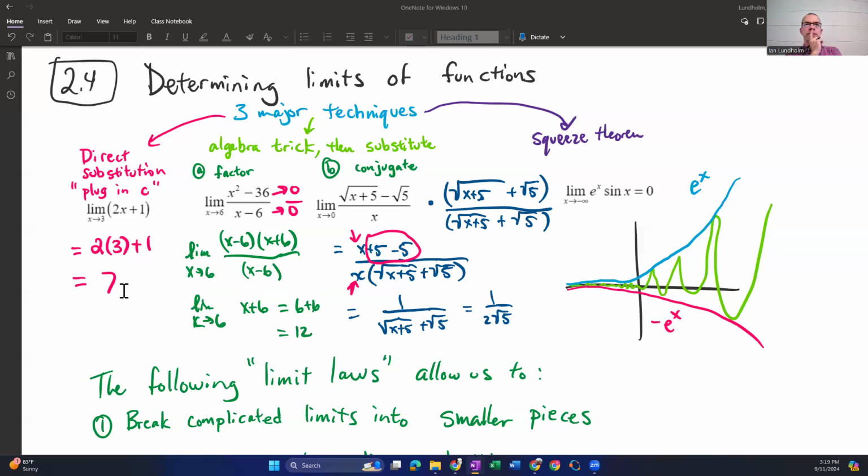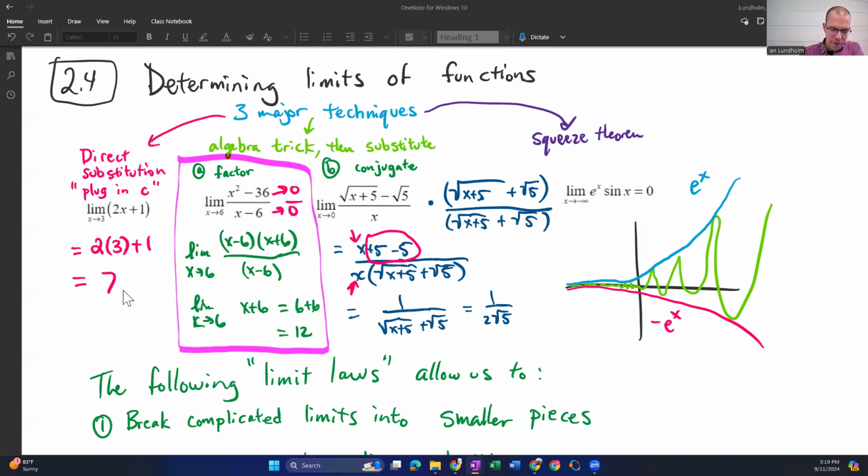The next major technique involves some kind of algebra trick, and then we're able to substitute the c value in to evaluate the limit. And the first class of algebra trick is just factoring.